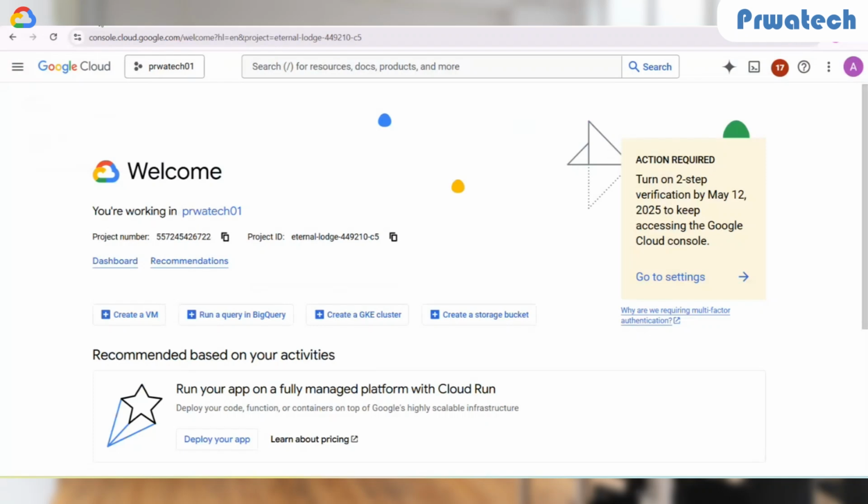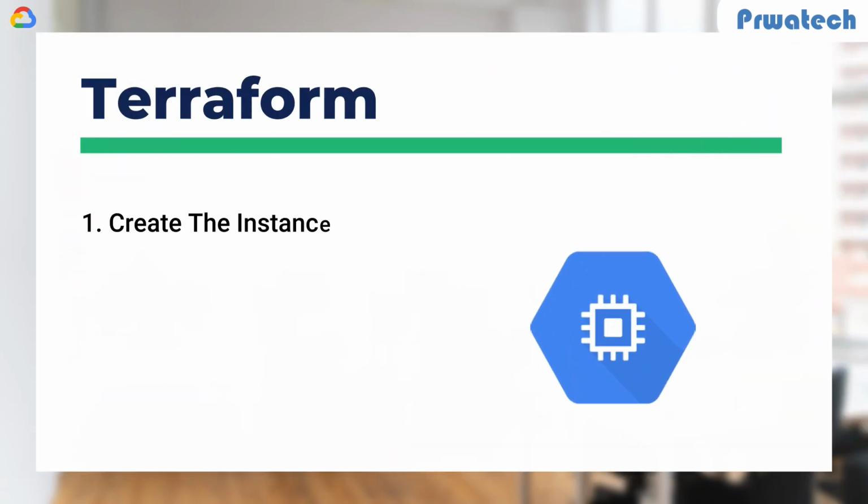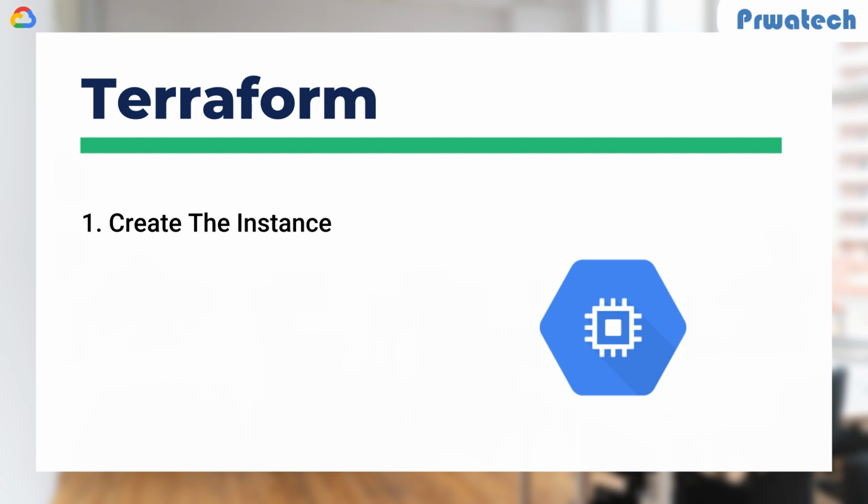So let's do the practical for Terraform. In this video, we will talk about how to install Terraform, and using Terraform, how to create a bucket and delete the bucket. The first step, you have to create the instance from your Compute Engine.